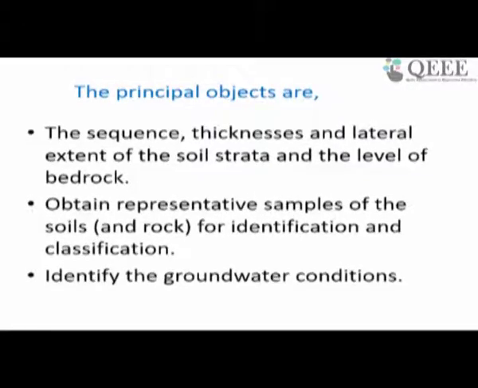Once you know the strata thickness and their lateral extent, the next is the level of the bedrock and the representative samples. So, we need to collect representative samples. The third is the groundwater conditions. So, three aspects: the strata thickness and lateral extent, the sampling, and the groundwater details.